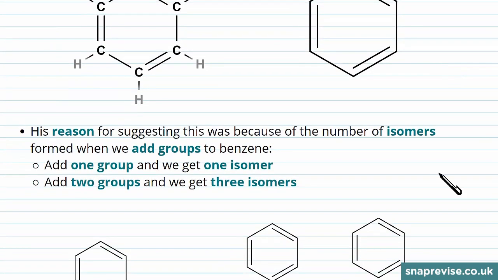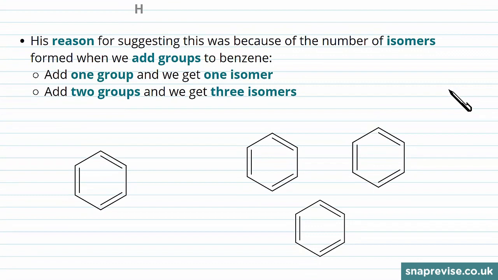The reason he suggested this structure is because of the number of isomers that we get from benzene if we add groups to it. Experimentally, it could be seen that if we added one group to benzene, then you only get one isomer.